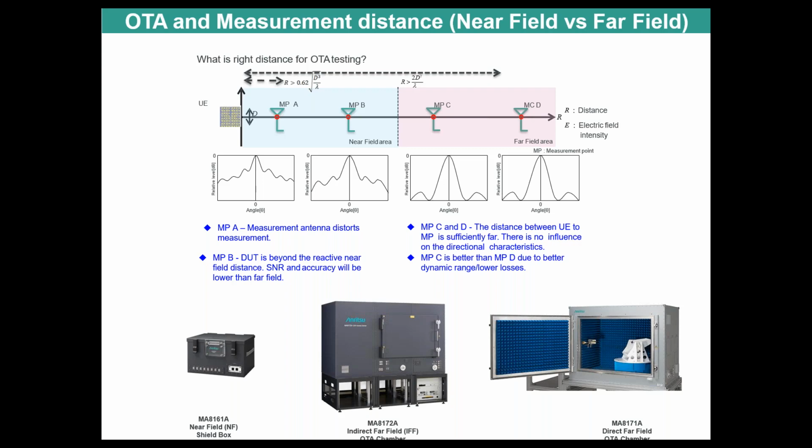Now, OTA testing is divided into near field and far field. Within near field, you have a reactive near field as well as a radiative near field, right? Ideally, we want to test at measurement point C and measurement point D, which are in the far field area, and those are dictated by how far you are from the antenna aperture.